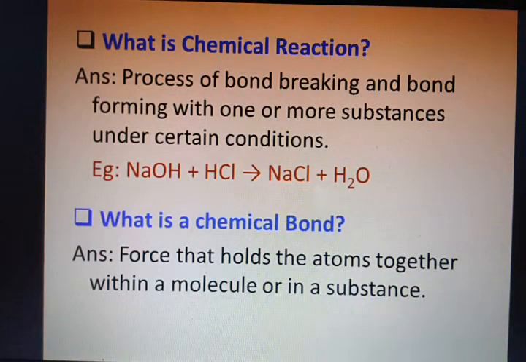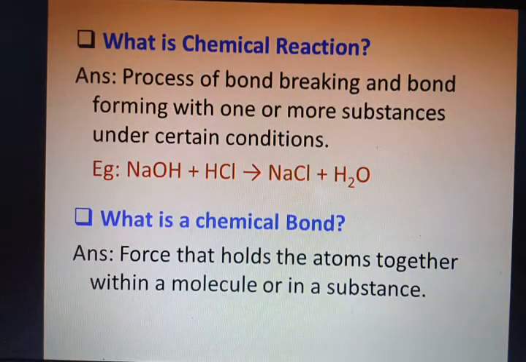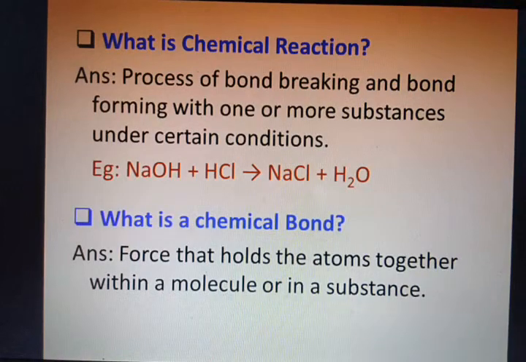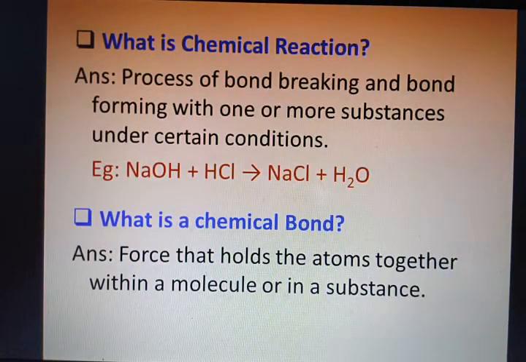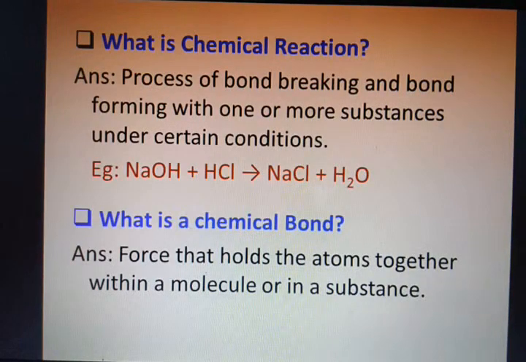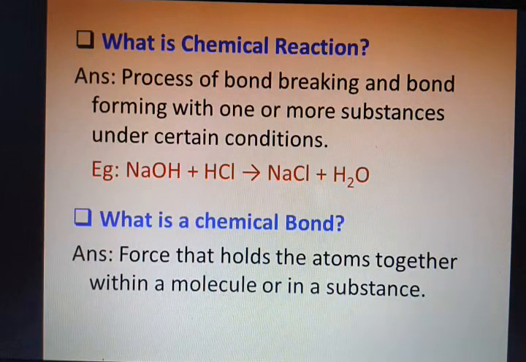If the suitable or favorable conditions are not provided to a particular reactant, those substances which are undergoing a chemical reaction, then definitely the substance will not react, or will not allow the breaking of bonds for the formation of new substances. Clear?